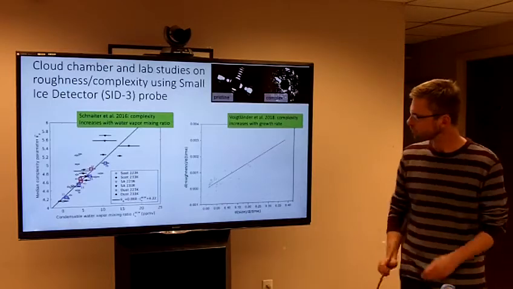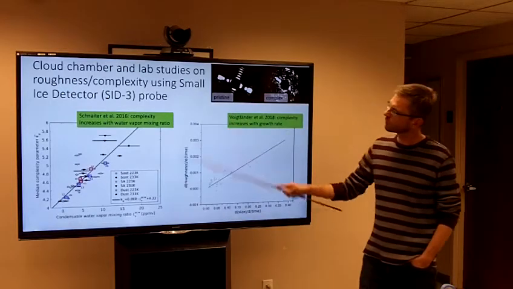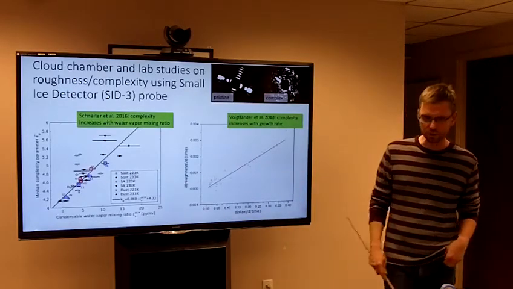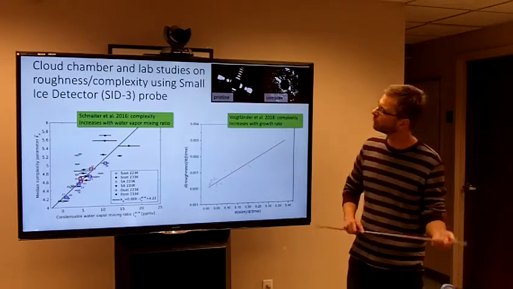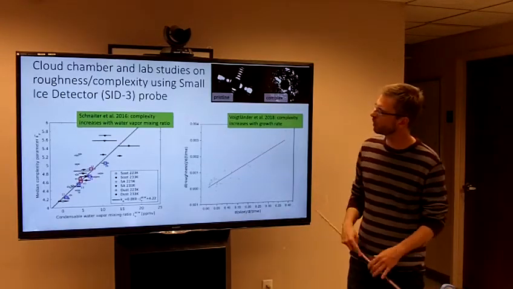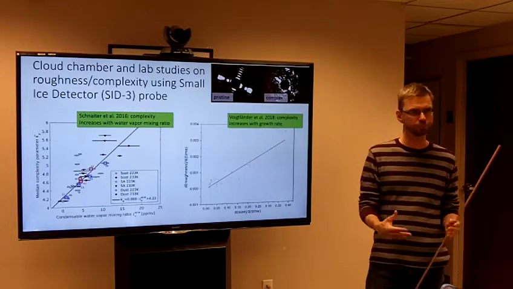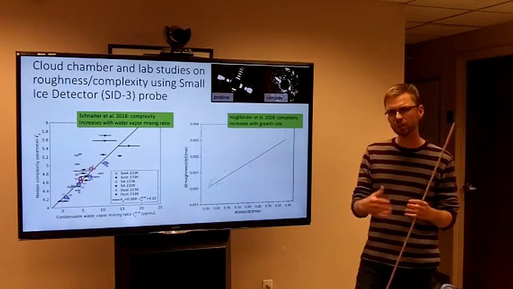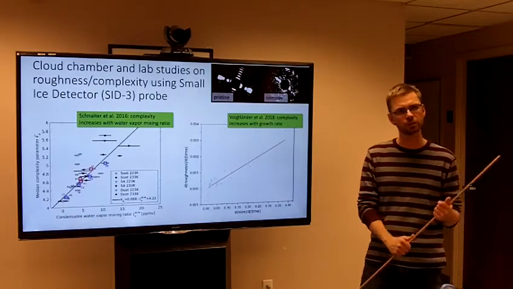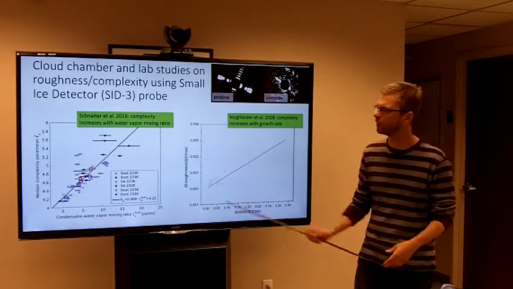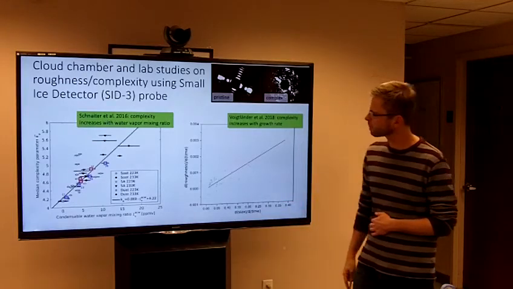First of all, ice grown in cloud chambers and in laboratories is studied with an optical probe that also sees roughness or distortion of these crystals in a similar way that my retrievals do.